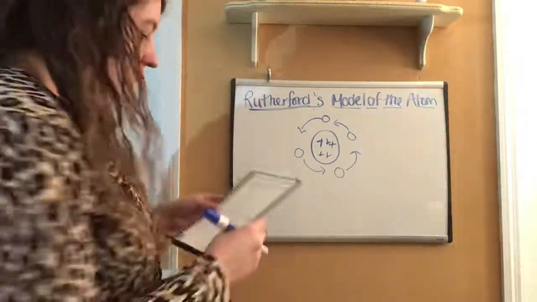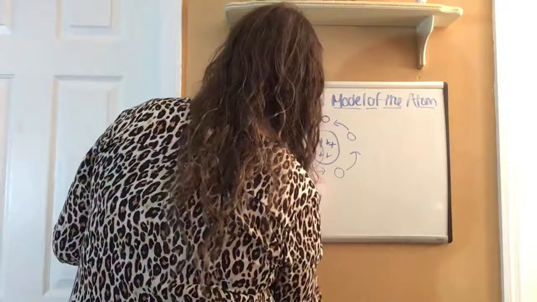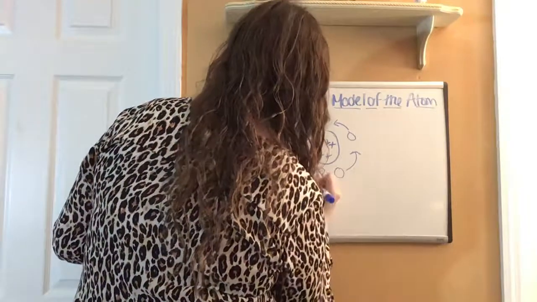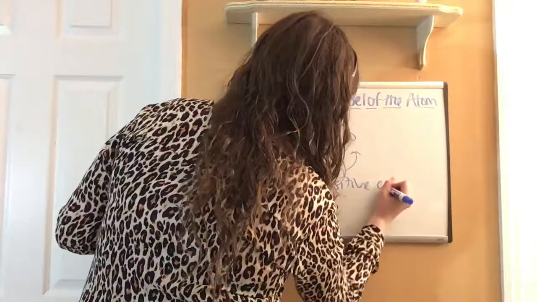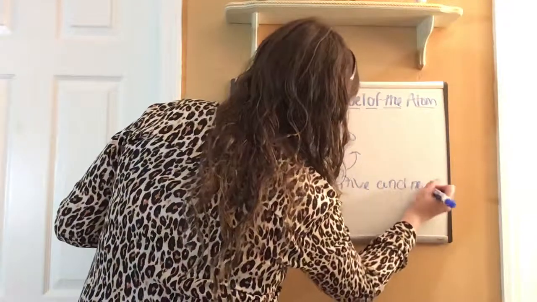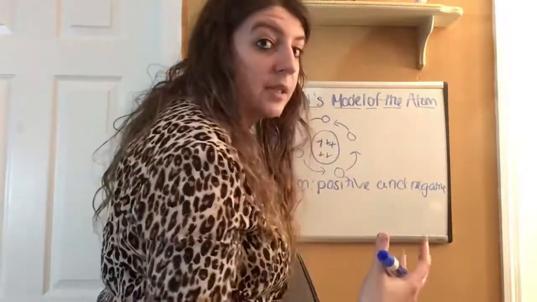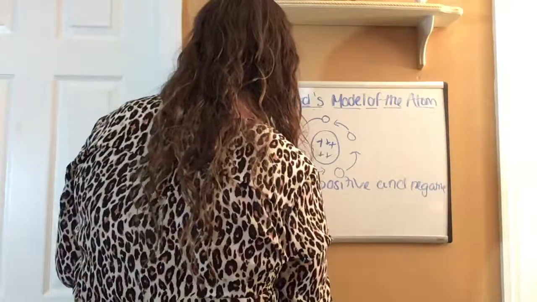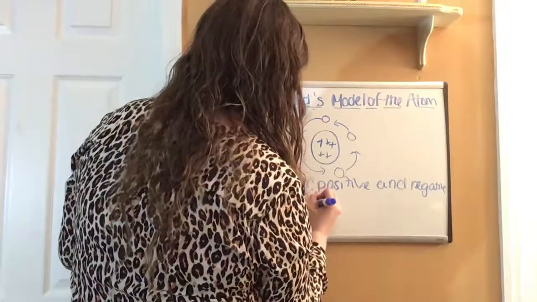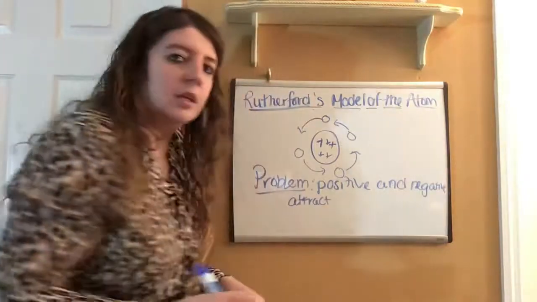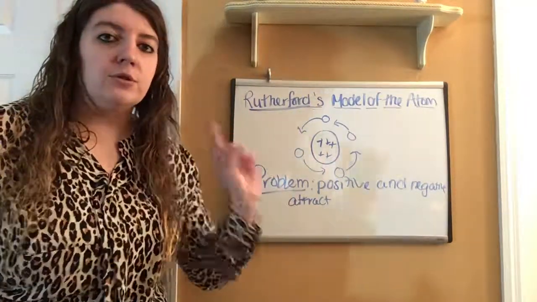So, his big problem was that positives and negatives attract. If his theory was correct, the atom's unstable. The electrons would go straight into the nucleus and start bombarding it.